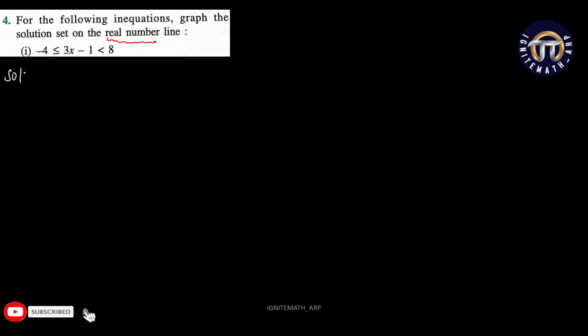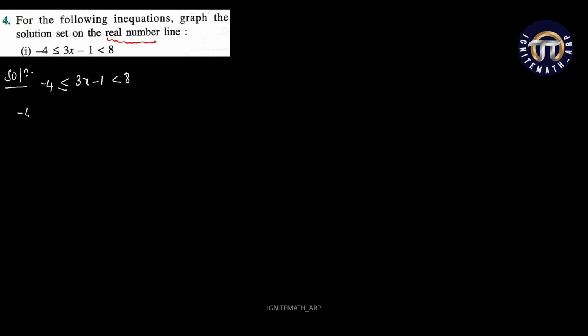Pay attention, children. Solution. What is the given inequation? 3x minus 1 is greater than or equal to -4, smaller than 8. So here the upper limit is also given and the lower limit is also given. In such kind of question, children, what should I do? I need to split this inequality into 2 parts. How?